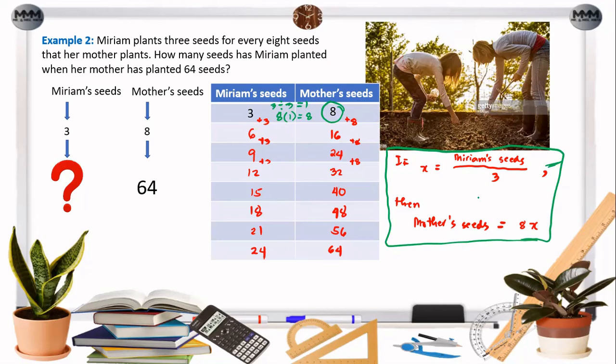Again, for X, we have Miriam's seeds. So Miriam's seeds, we have 6 divided by 3 is 2. This is our x. Then for her mother's seeds, we have 8x. We multiply 8 by x. So we have 8 times 2 is 16. As you can see, we have here 16.